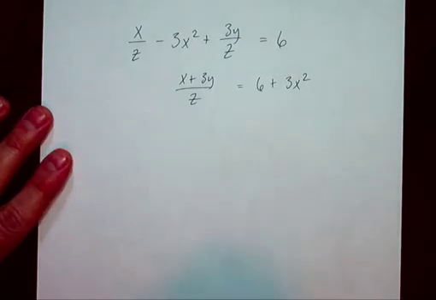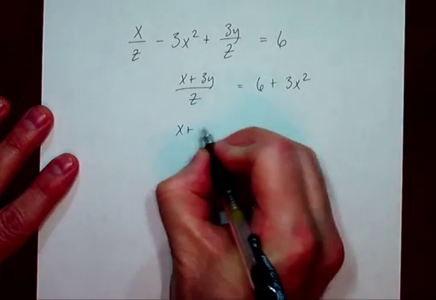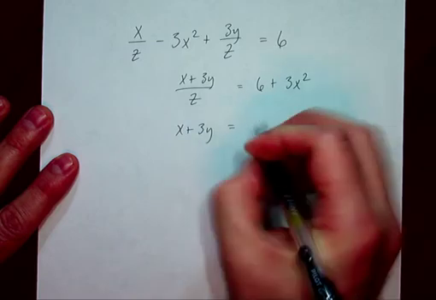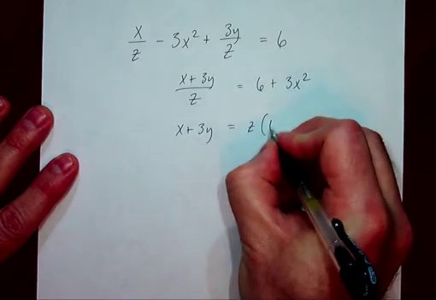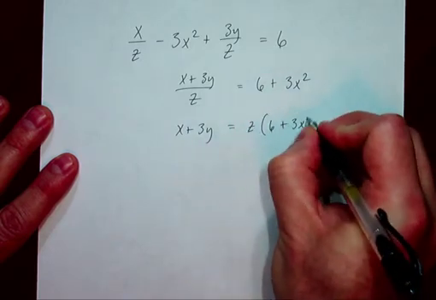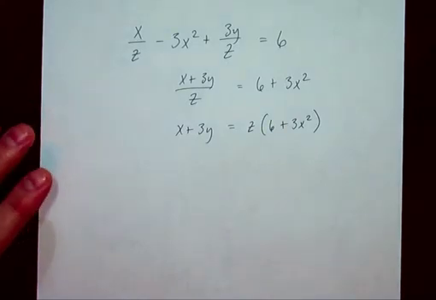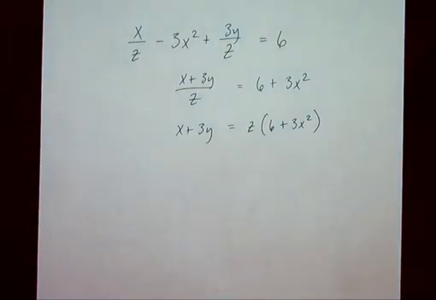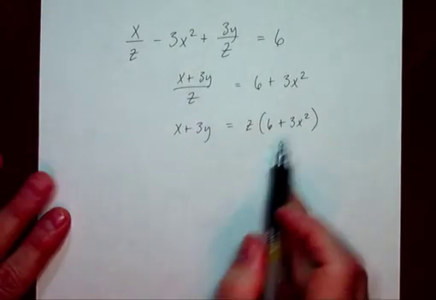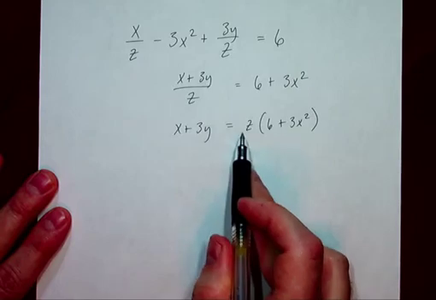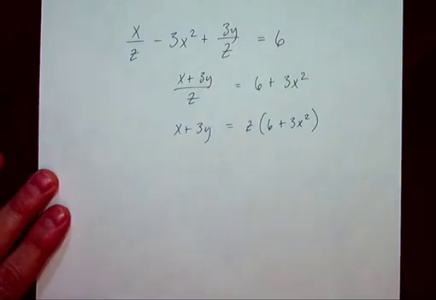Now I can multiply both sides by z, and the benefit of doing it this way is the fact that I now don't have to do any factoring out, because the z was never multiplied by each and every term.